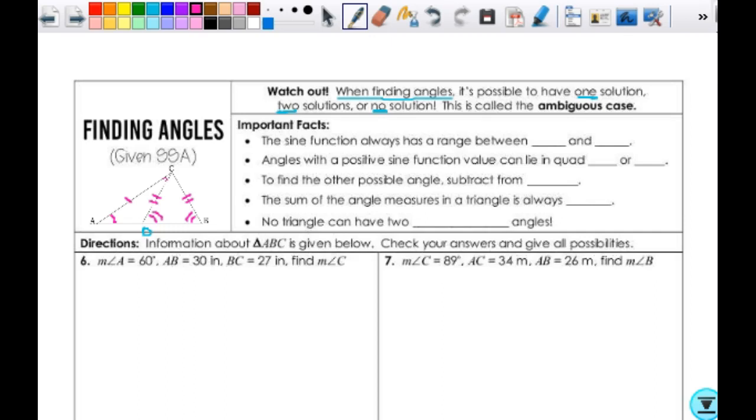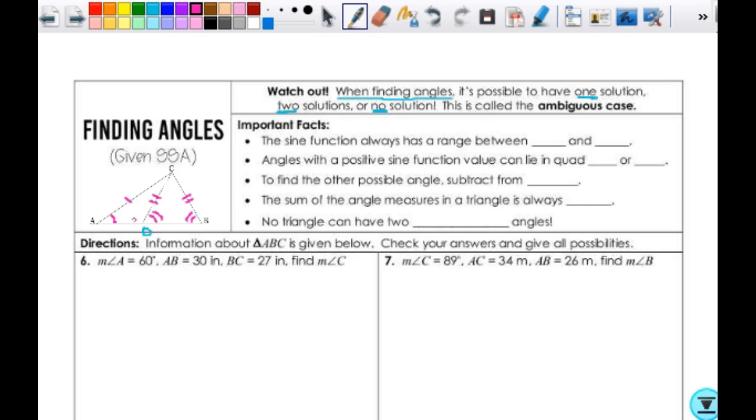So I want you to see that this side right here could swing over here, it could swing back, but the bottom angle of either triangle is either this angle, angle B, or it's going to be the angle that's supplementary to it, 180 minus angle B. And that's going to play a big part in what we're doing with this, okay?